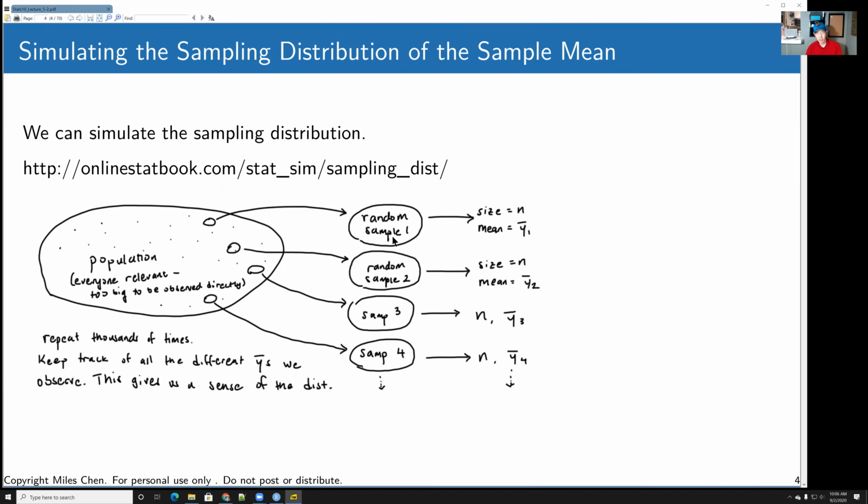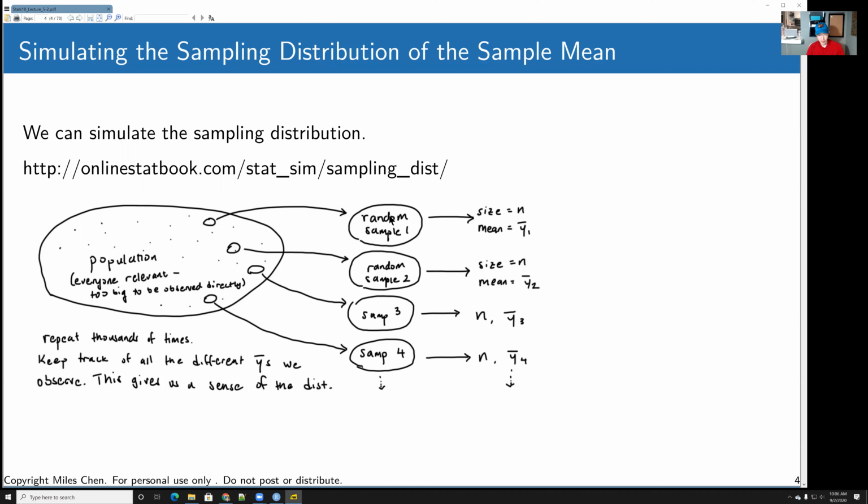For each random sample, the size is one value, n, and all of the random samples we select are of size n. Each random sample has a different sample mean. For whatever reason, I used the symbol y bar. It's the same as x bar, except it uses the letter y.